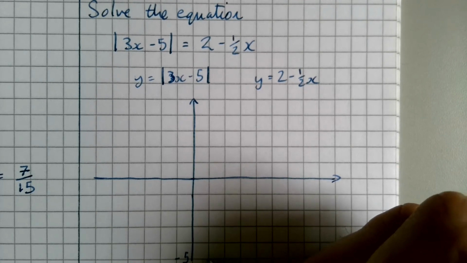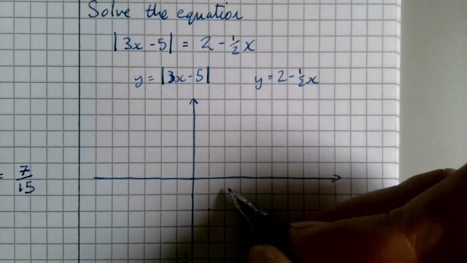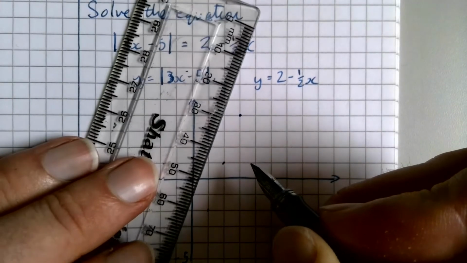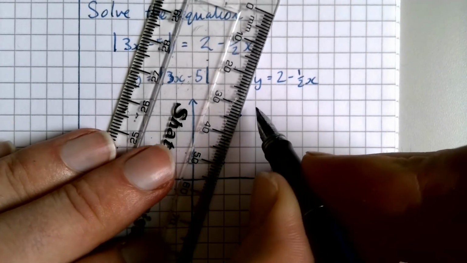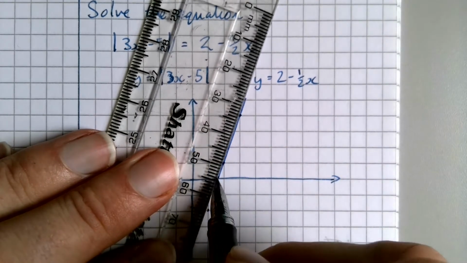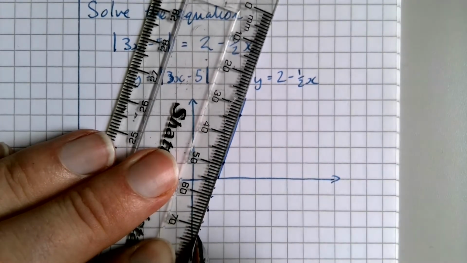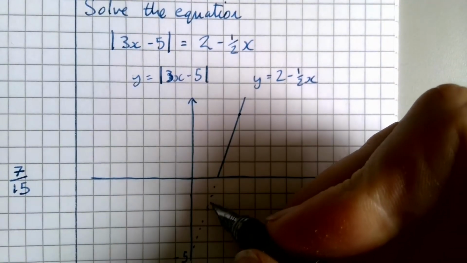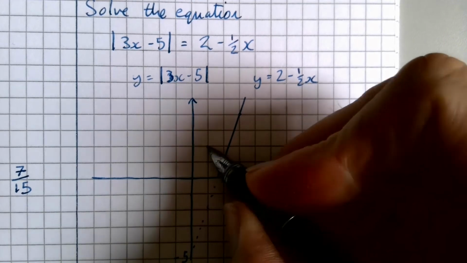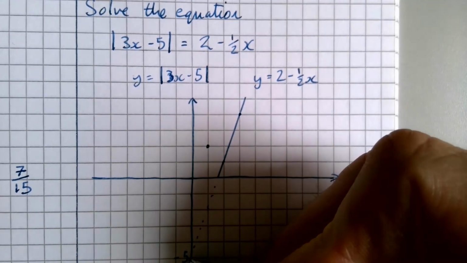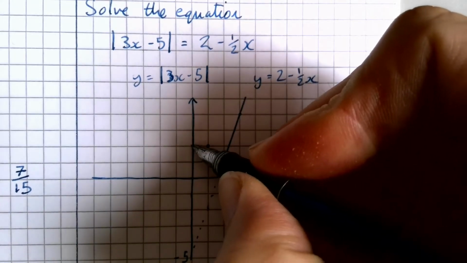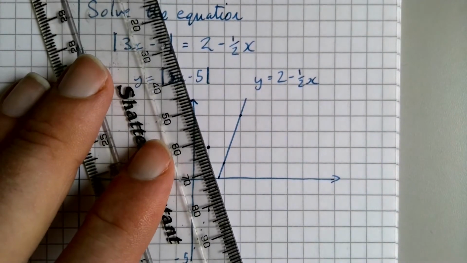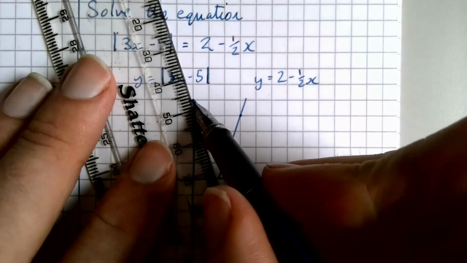So a gradient of 3, 1, 2, 3, 1, 2, 3, 1, 2, 3, and there's my first part there. Now that's going to reflect, so that point's going to reflect 2 up to there, isn't it? And that one's going to come up at 5, 1, 2, 3, 4, 5, being just there.